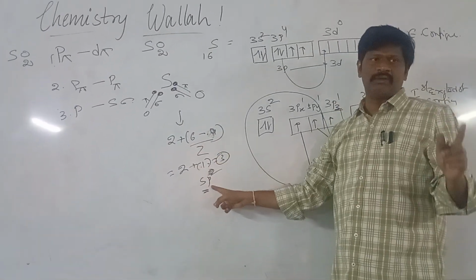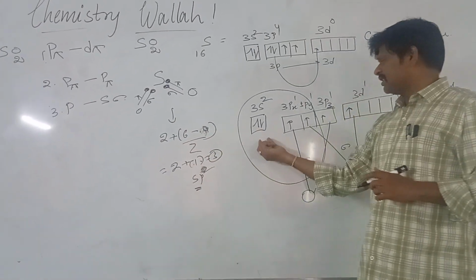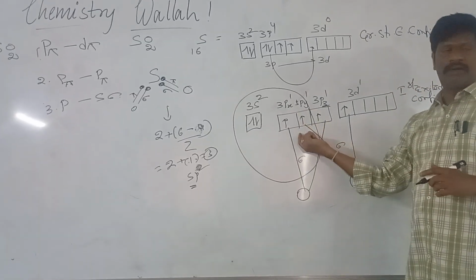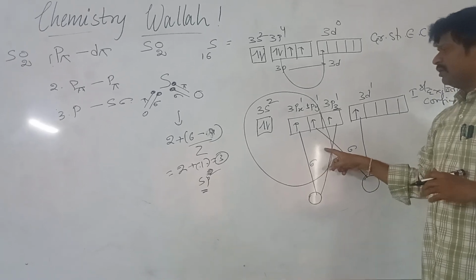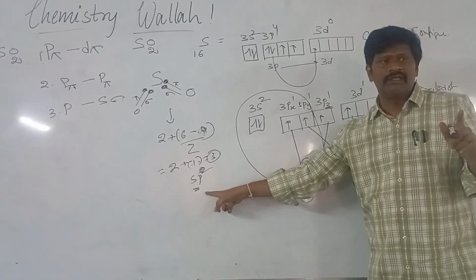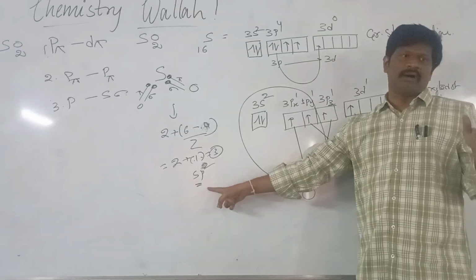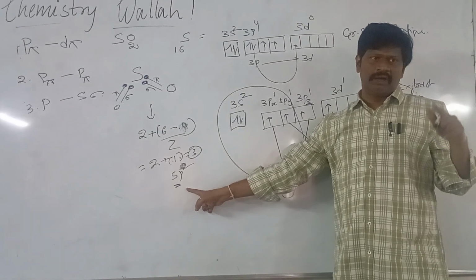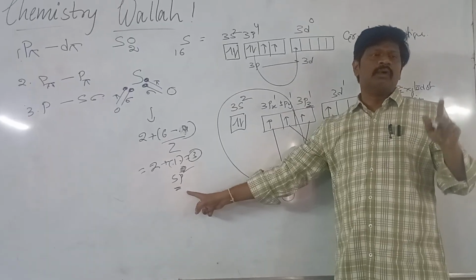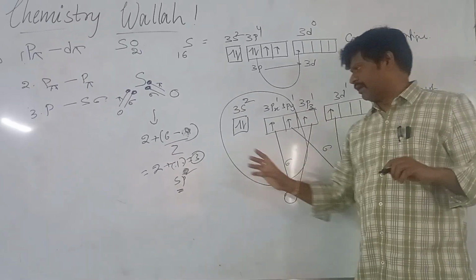We have sp2 hybridization. It means one s orbital and two p orbitals are available to form sigma bonds. Hybrid orbitals form only sigma bonds, and unhybridized or pure atomic orbitals form only pi bonds. Already you know very well.